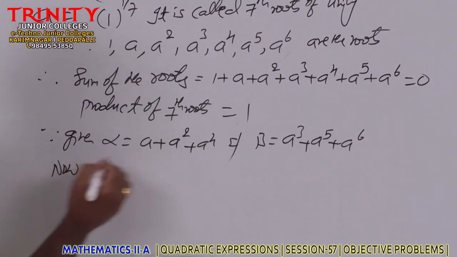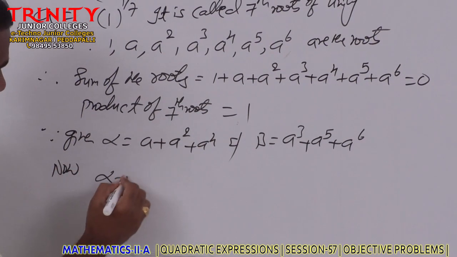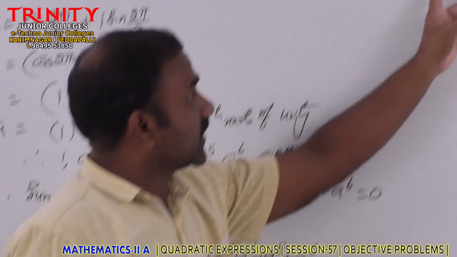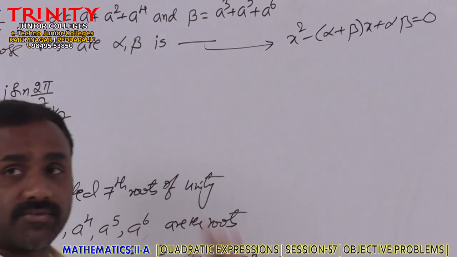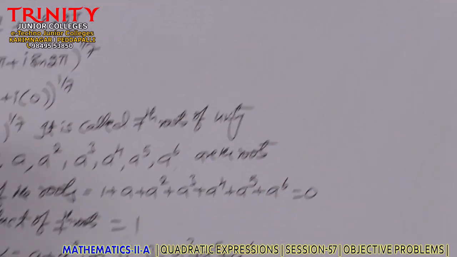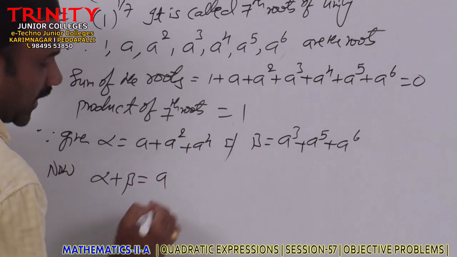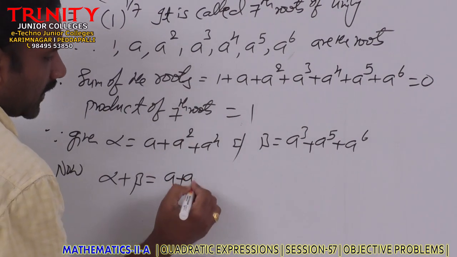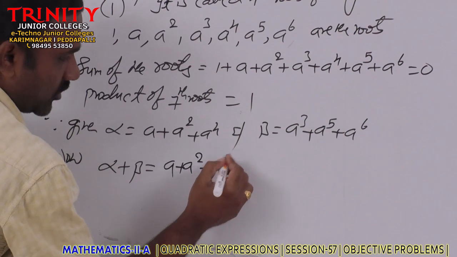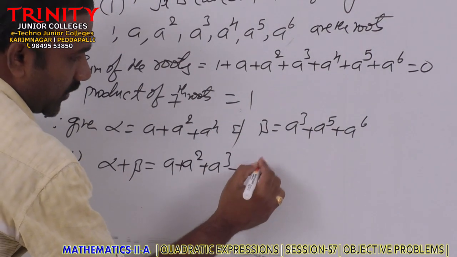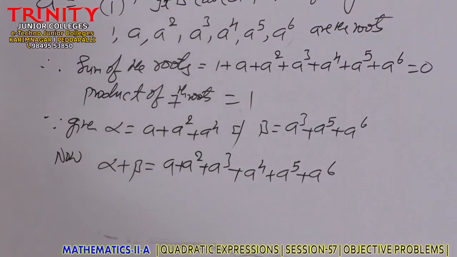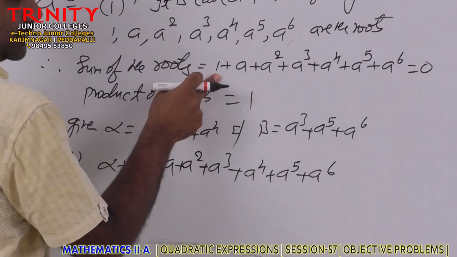Now find the sum of the roots and the product of the roots, alpha plus beta. Why? Because we require the quadratic equation. To form a quadratic equation, we require the alpha plus beta value and the alpha beta value. Alpha plus beta is equal to a plus a square, then a cube, then a to the power of 4, then a power 5, then a power 6.